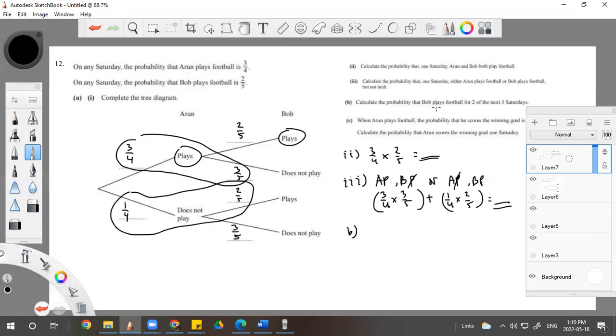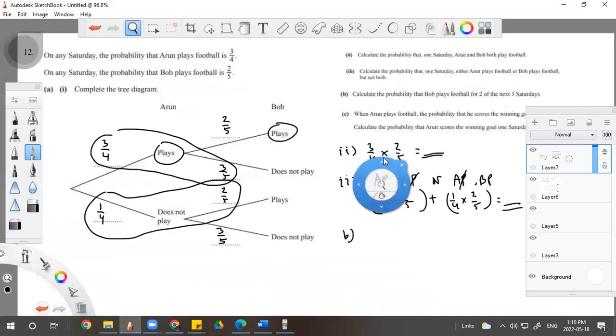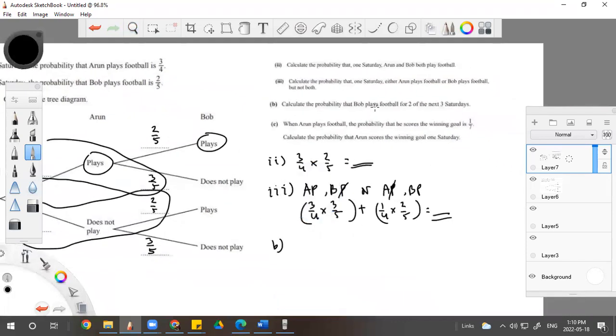B. Calculate the probability that Bob play football for 2 of the next 3 Saturdays. Kita fokus di Bobnya guys. Bob play-nya 2/5, not play 3/5. Berarti play 2 kali dari 3: play, play, not play; play, not play, play; and not play, play, play.